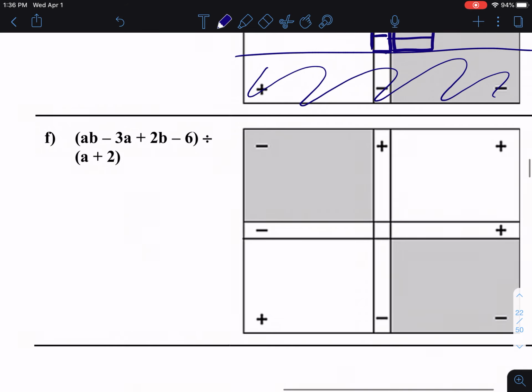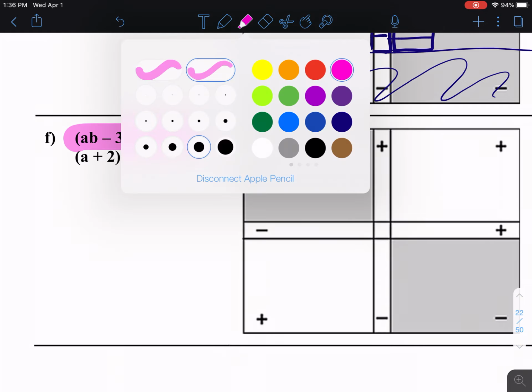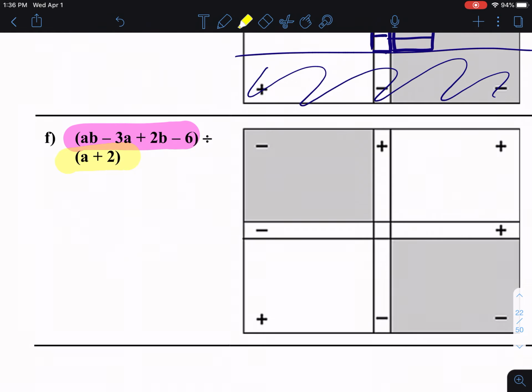And let's try with this one. So we have a product, and then we have one of the factors. So the factor is a plus 2, and the product is ab minus 3a plus 2b minus 6. So let's draw the factor first.